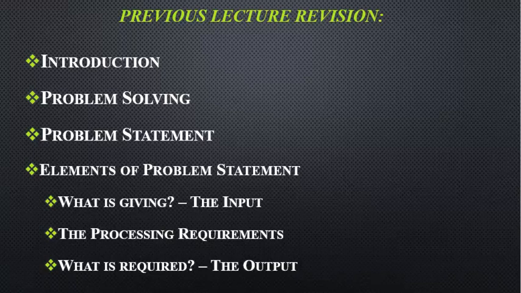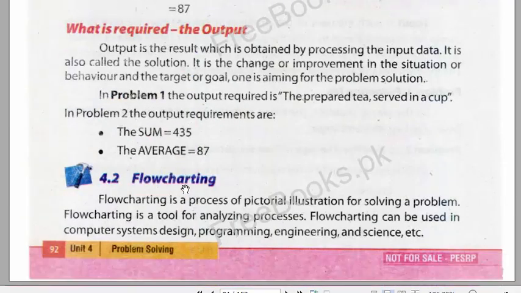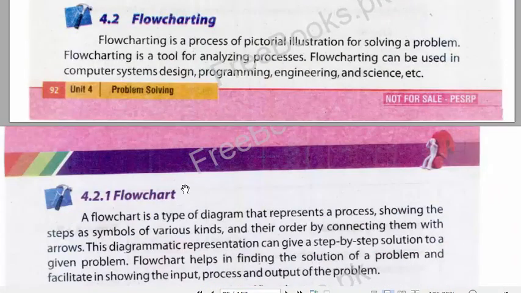Now we are going to continue our lecture from where we last stopped. Today we are going to study flow charting. Flow charting is, you can say, a graphical representation of the flow of your program. Flow charting is a process of pictorial illustration for solving a problem. Flow charting is a tool for analyzing processes.